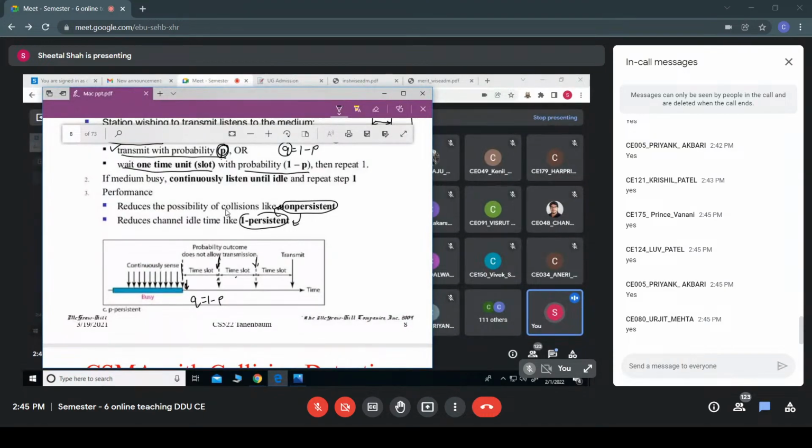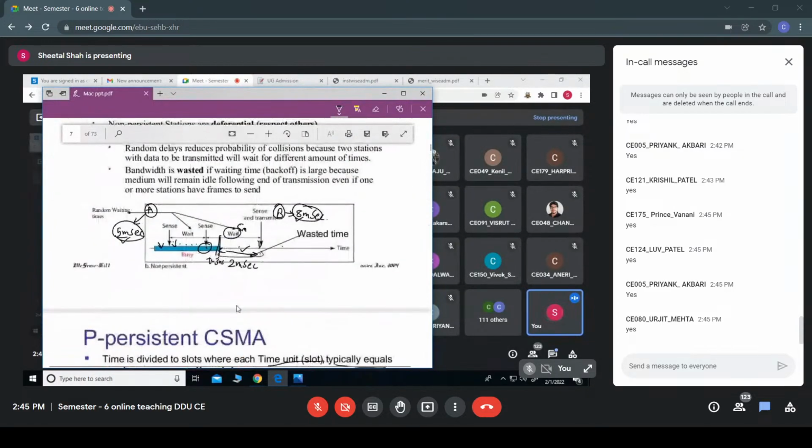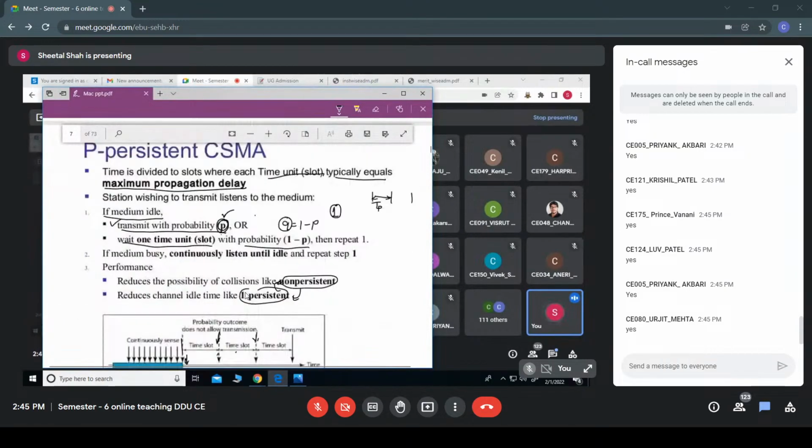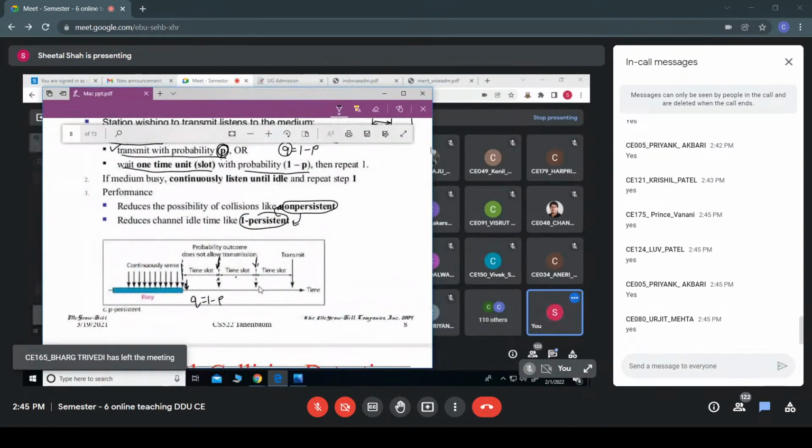Whereas in case of non-persistent CSMA, what we have studied is that there would be some idle period, and the performance would be reduced in that case. So non-persistent CSMA increases channel idle time, isn't it? Whereas to overcome these two problems, we are using P-persistent CSMA. Hope everyone is clear with one persistent, P-persistent, as well as non-persistent CSMA.